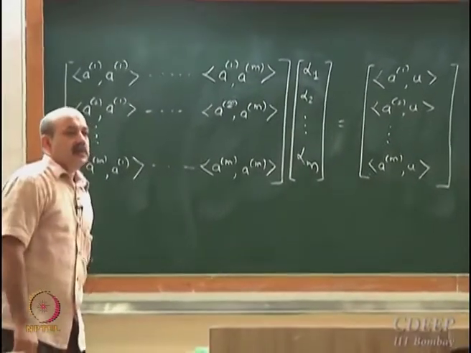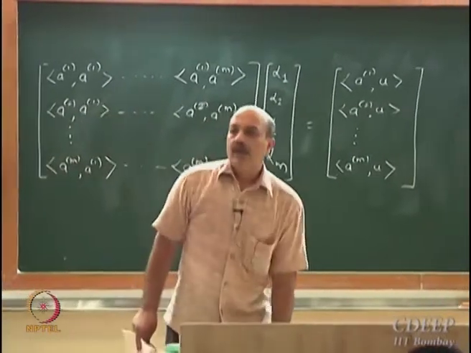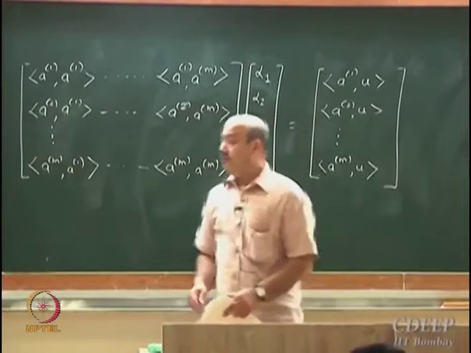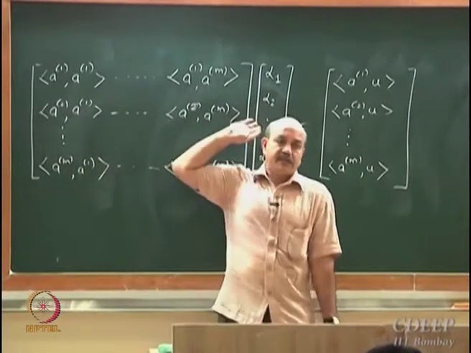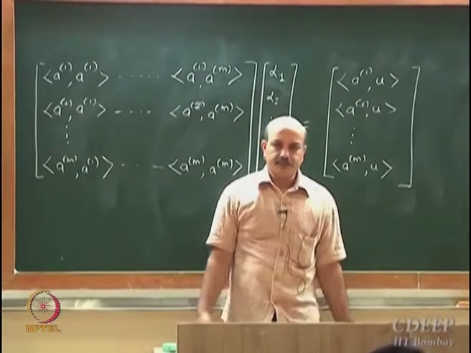Using the fact that the error is orthogonal to each of the basis vectors a1 to am, we arrived at this equation, called the normal equation in Hilbert spaces.